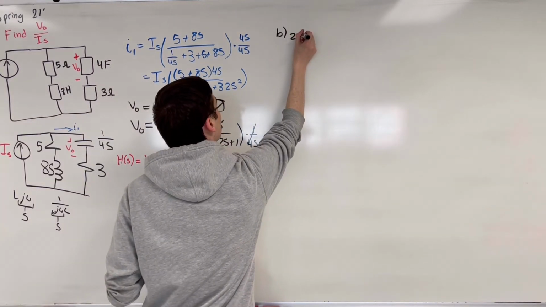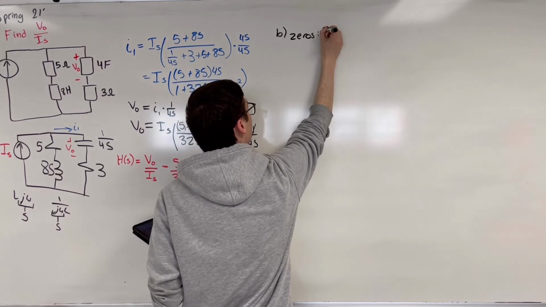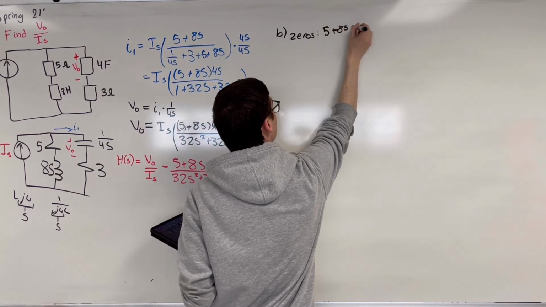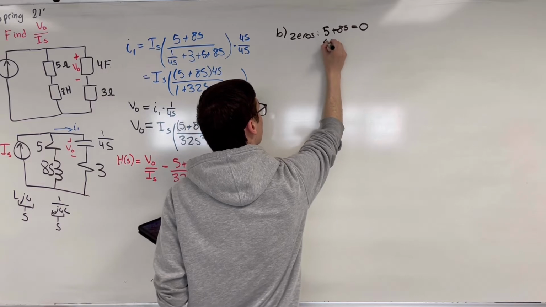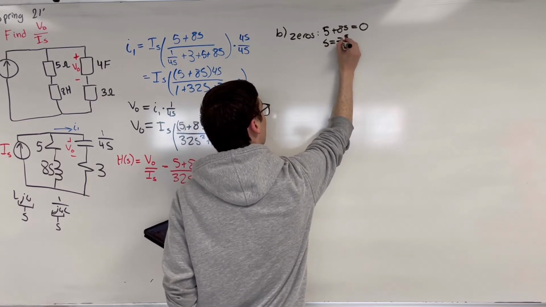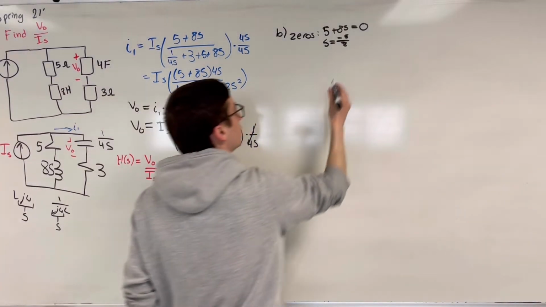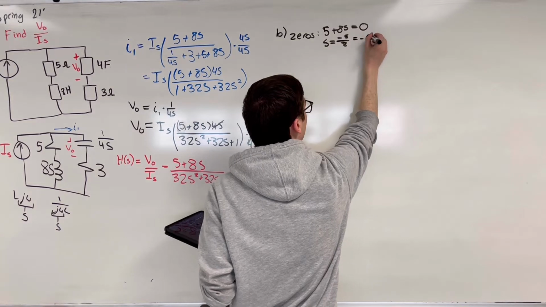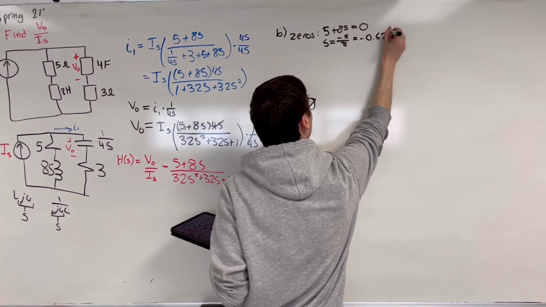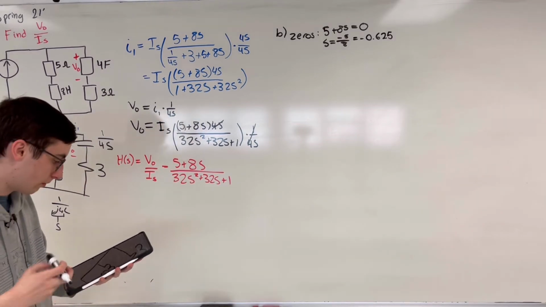So 5 plus 8s is equal to 0. That means s is going to be equal to minus 5 over 8, which I think is equal to negative 0.625. I might want to check my work on that, but I think that's it.